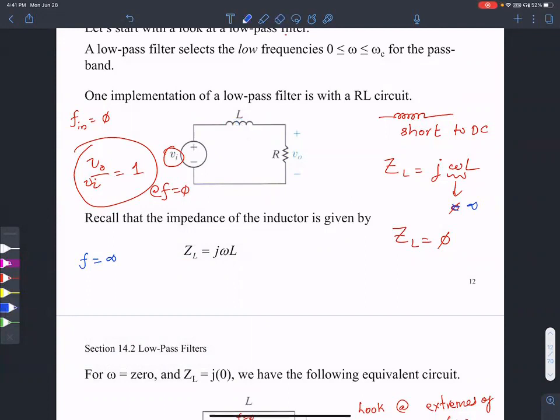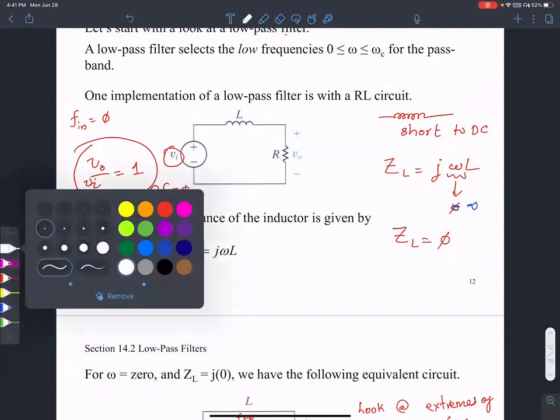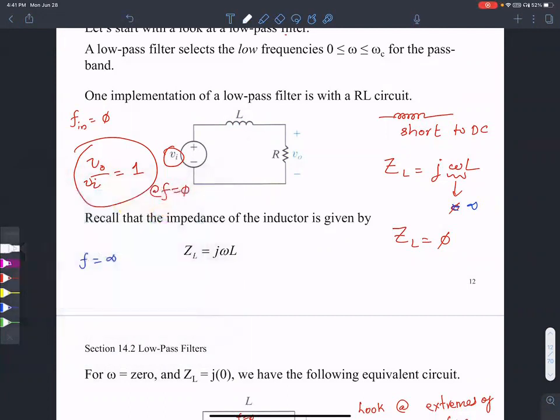It has infinite resistance, meaning that it acts as an open circuit, right? So no current is flowing through this inductor. Therefore, the voltage dropped across this resistance is 0. So when frequency is infinity, V output is 0. So if you look at V output over V input as a transfer function, that's 0 as well.